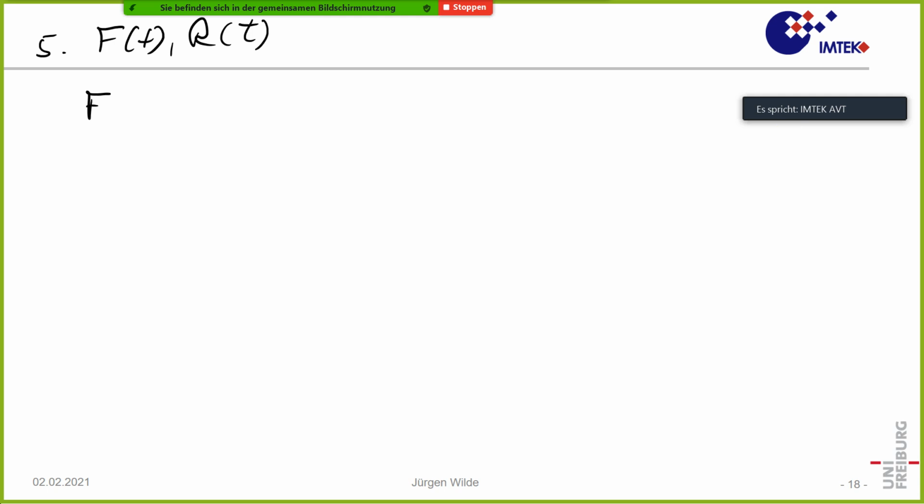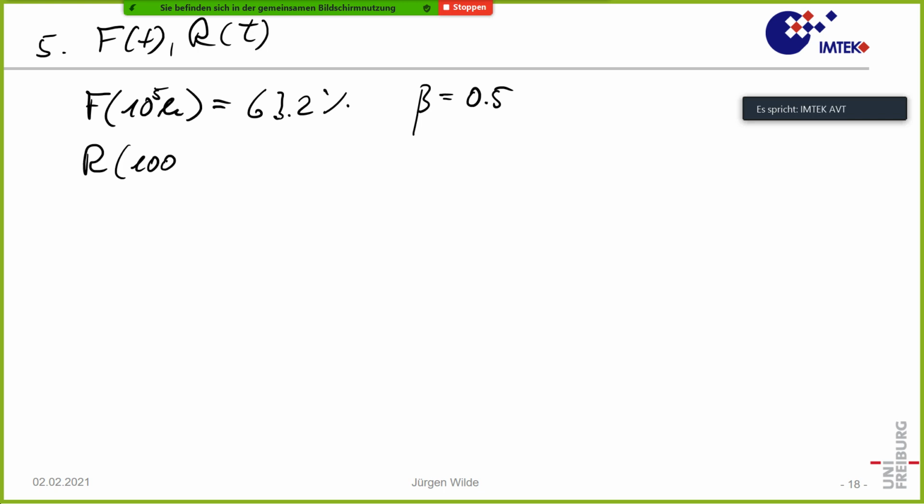So the failure probability at 10 to the power of 5 hours is 63.2%. The beta is 0.5, and I want to know the R of 1000 hours.